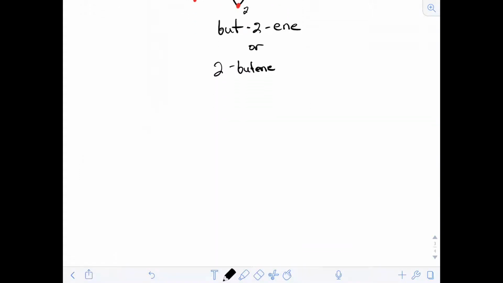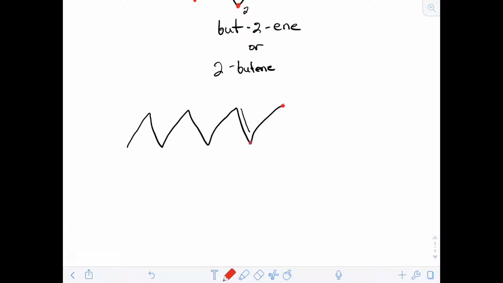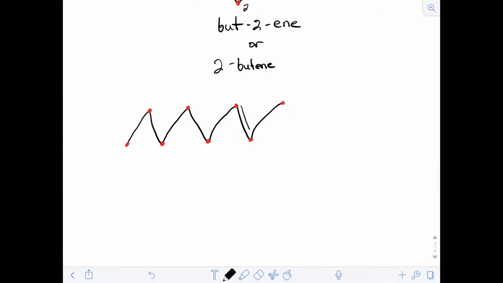All right, so we're going to count up our carbons again. So here we've got 1, 2, 3, 4, 5, 6, 7, 8 carbons, which will give us oct.